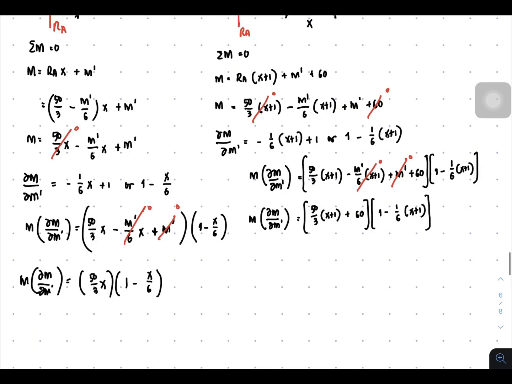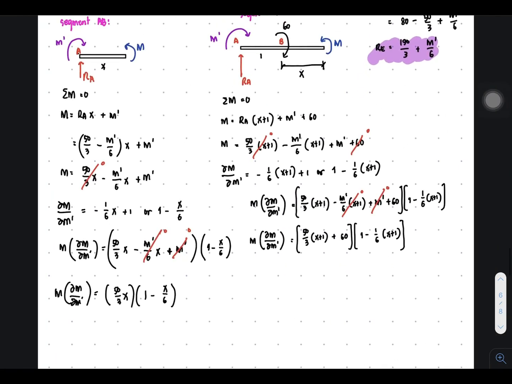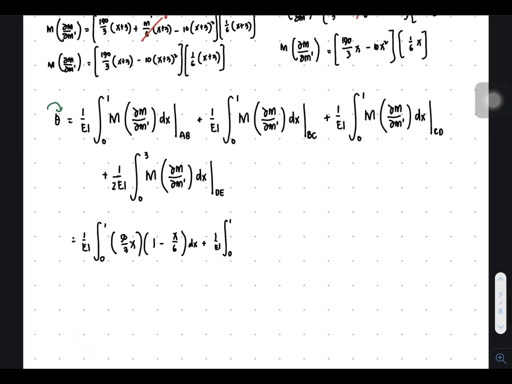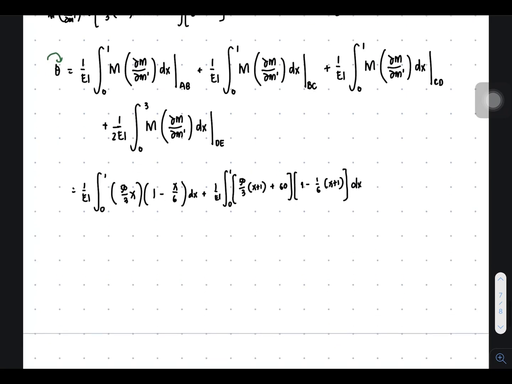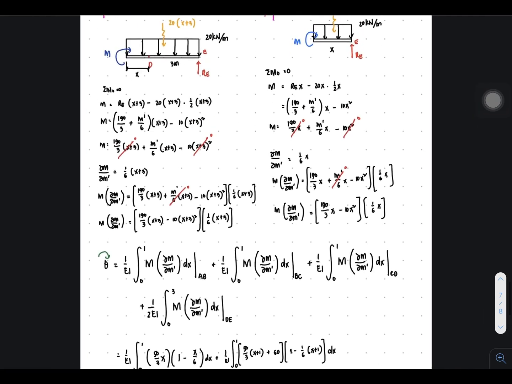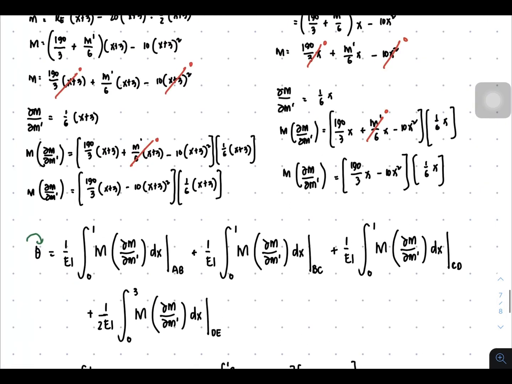So let's get the B to C equation. So this is B to C. Let's copy this one. There. This would now be dx. And for the third one, the limit is still from 0 to 1. So this is CD.